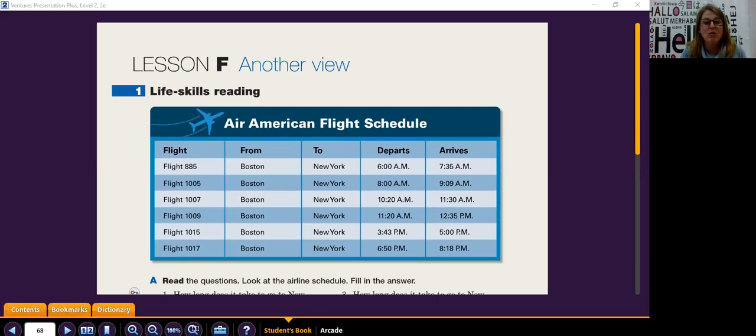They're companies that own a fleet of airplanes. And then there is a flight, which is the number that each plane has. So in American Airlines, one of those planes has this number attached to it because it's going to go from Boston to New York at this time. So there are different flights in the exact same airline. I just want to clarify that, it was in the book to clarify.